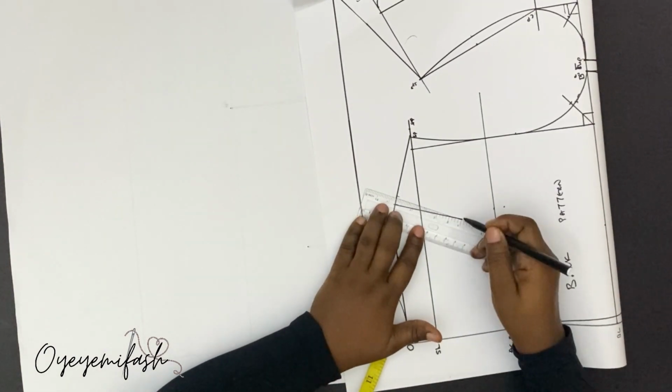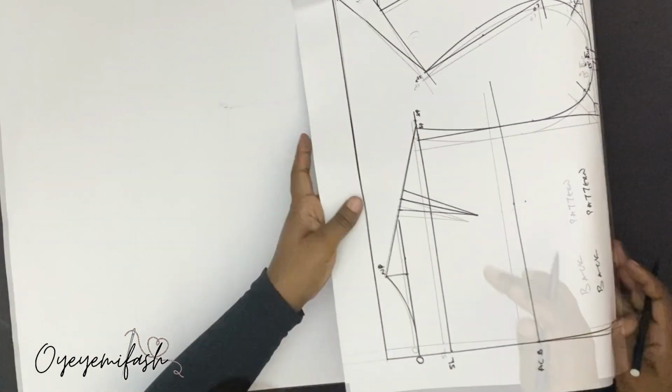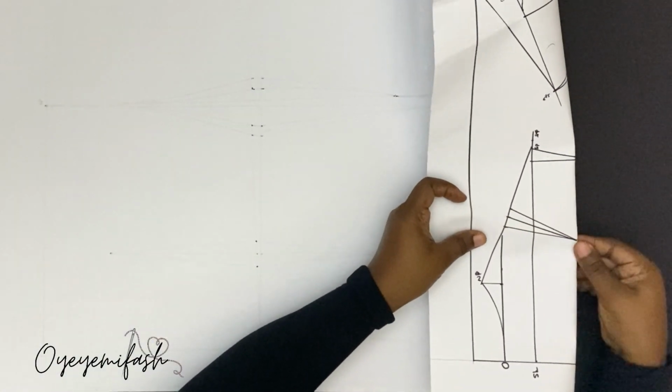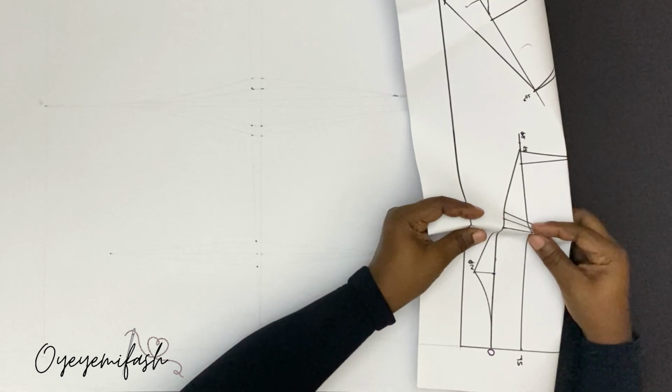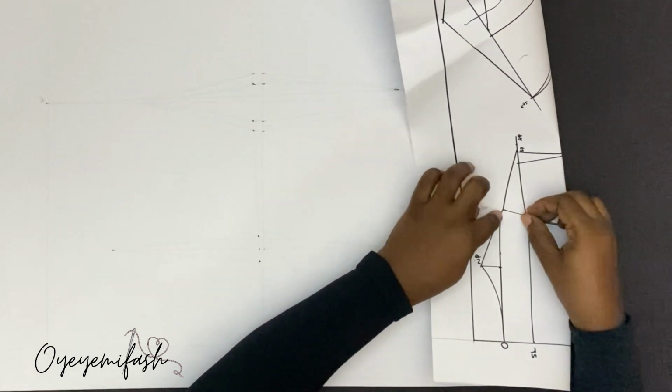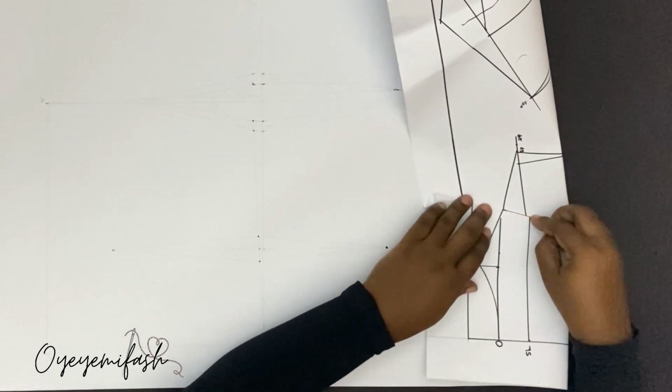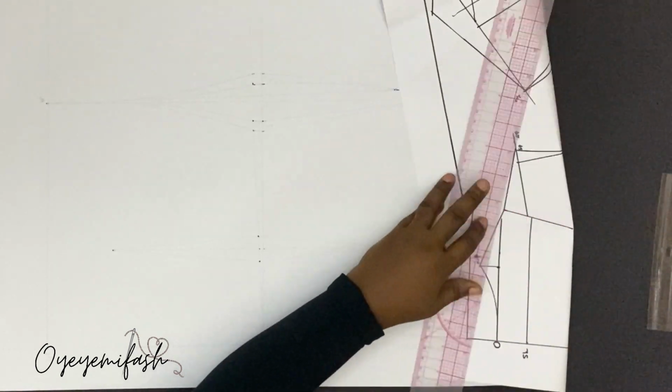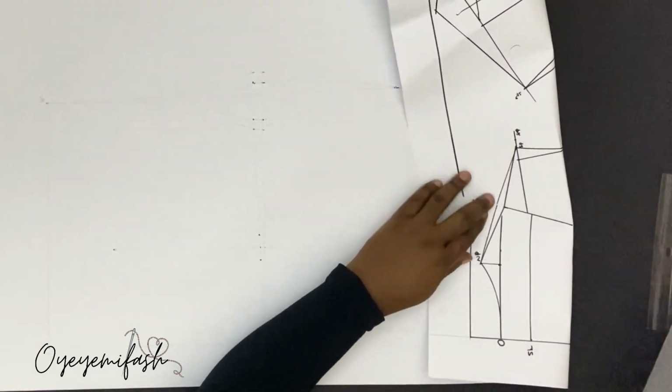Connect it to the midpoint. So just like we did for the front, and then I'll pinch the dart at the apex and then crease the line closer to center back. And then draw the new shoulder line.